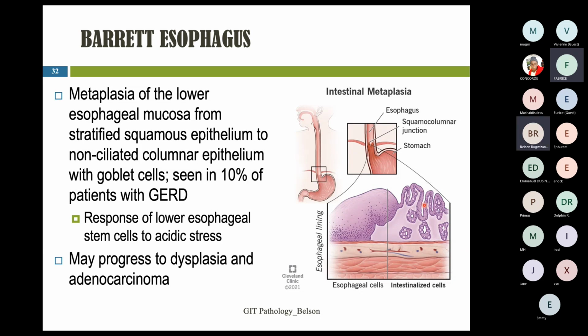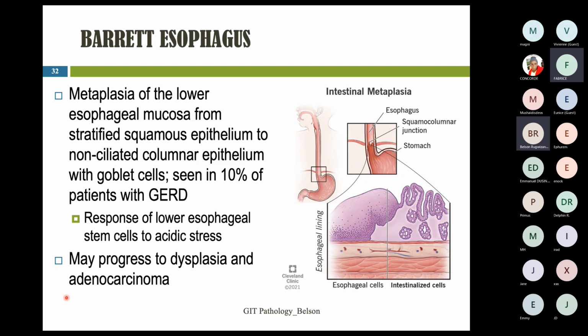But the higher risk of developing cancer is when this happens in the esophagus itself. So, as I said, it is seen in 10% of people with gastroesophageal reflux disease. It may progress to dysplasia and adenocarcinoma.